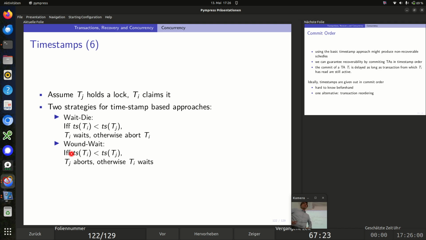When you explain it, TJ already has a lock. Does it have all the locks or only a single one? Single one. Okay.